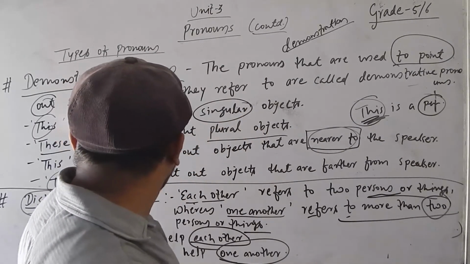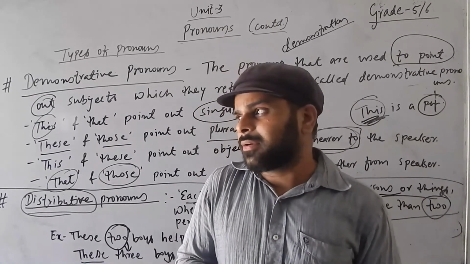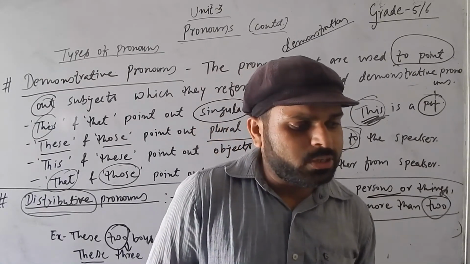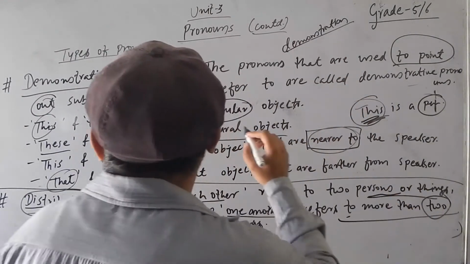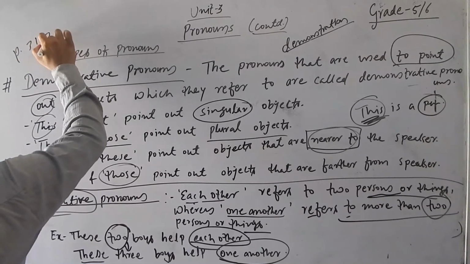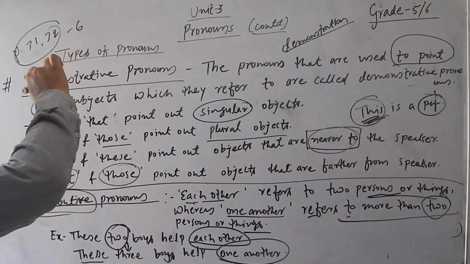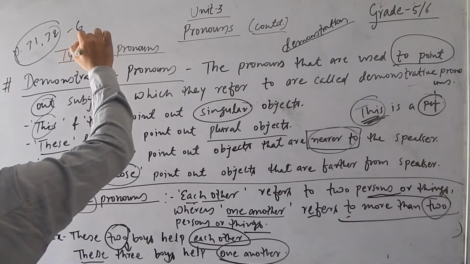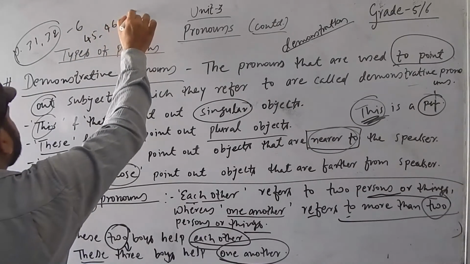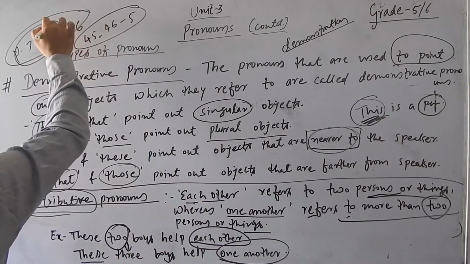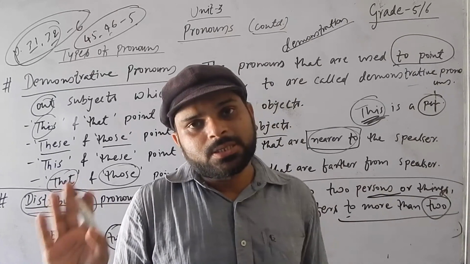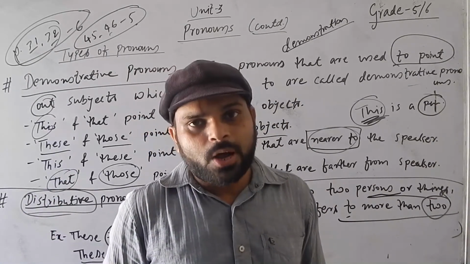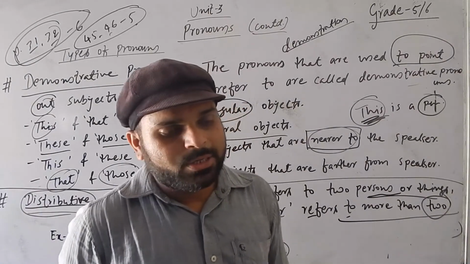So we have done these types. In your book, on page number 31 and 32 for class 6 and page number 45 and 46 for class 5, there are some exercises depending upon your pronoun, so try to do them at home and check yourself.